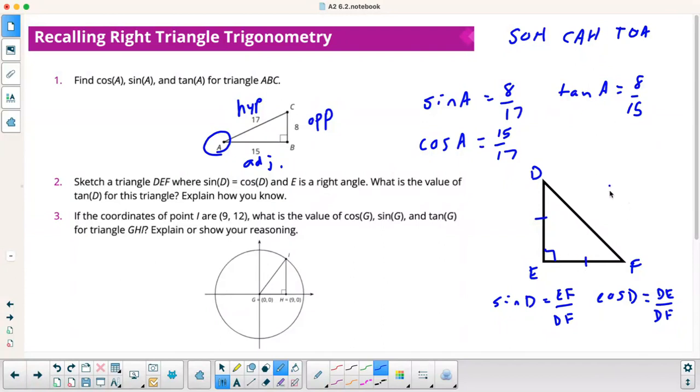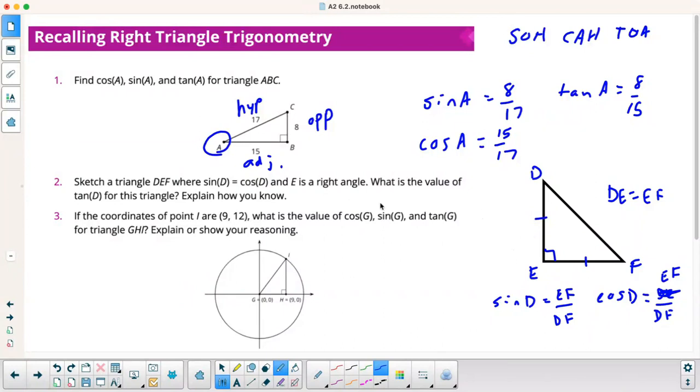But then because sine D equals cosine D, DE equals EF, we could replace that DE with EF. So now we know that sine of D is equal to cosine D because they're equal to the same ratio. So what is the tangent of D?